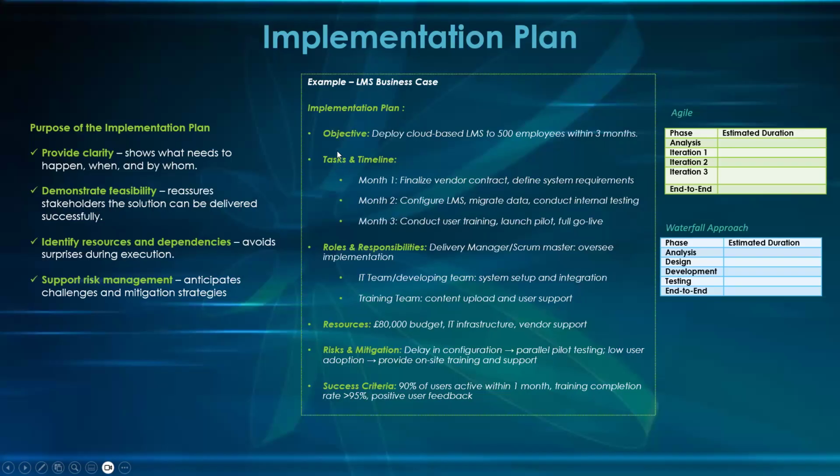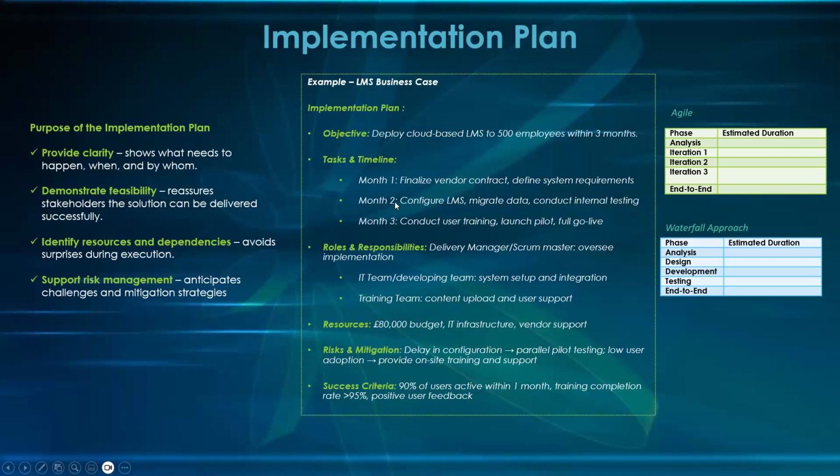Let's look at the task. What are the activities? Month 1, again iteration, sprint 1: finalize vendor contract, define the system requirements. Sprint 2, I'm just using an example because this is the plan. First month, second month, third month.